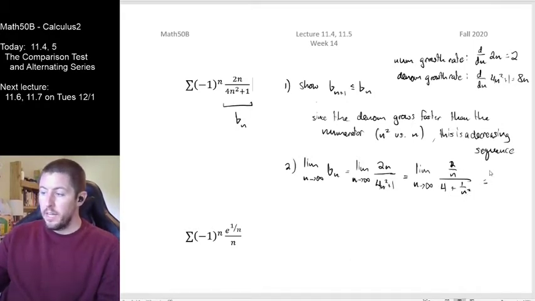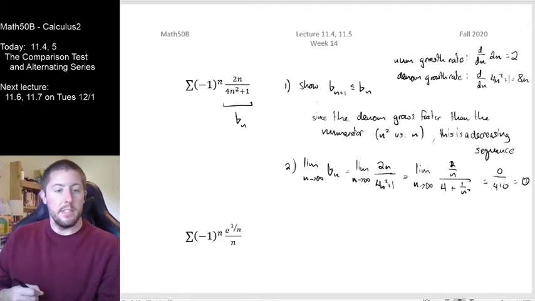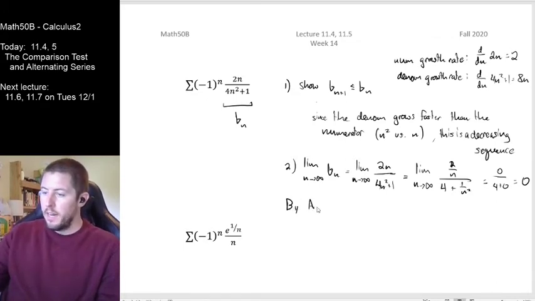And what we can see is we're going to get a 0 over 4 plus 0. We're getting 0 right there. So by the alternating series test, this alternating series is going to converge.